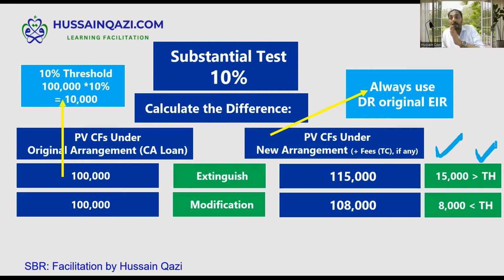At the end of the second year, maybe the market interest rate has changed, but don't use the market interest rate at the second year. To assess the substantial test, use the discount rate of the original bank loan effective interest rate. That's the 10%. Why? It's not the point here. It's a point of concern for IFRS 9, and this is the rule. Leave the reason for the time being.